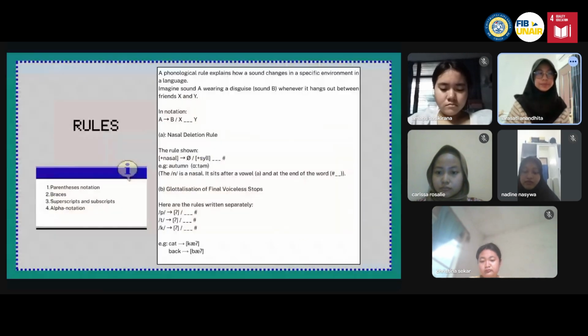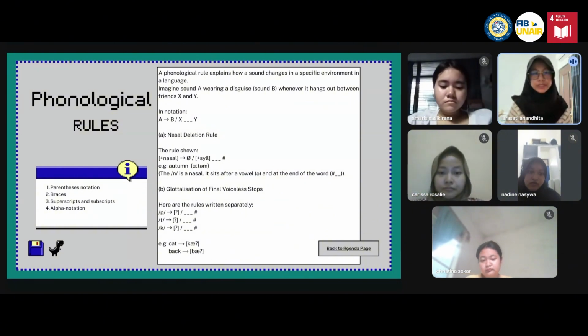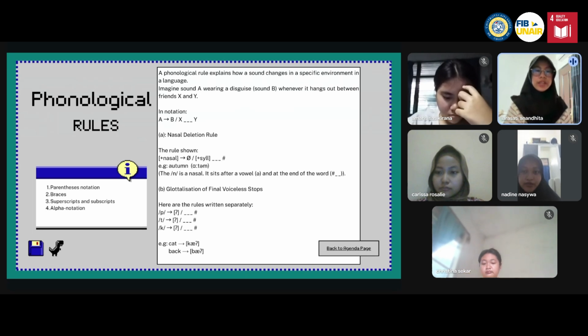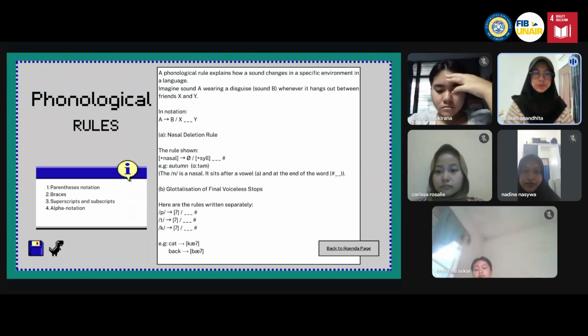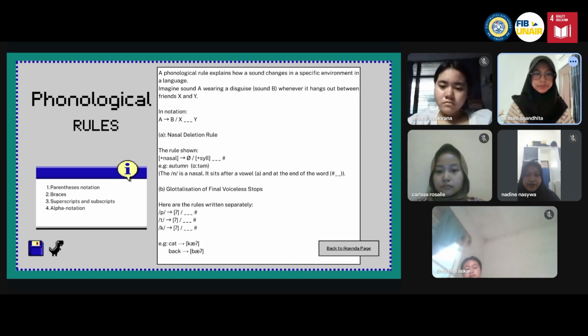Okay, next. I will explain the basic phonological rules. A phonological rule explains how a sound changes in a specific environment in a language. Imagine a sound A wearing a disguise as sound B whenever it hangs out between friends X and Y. In the nasal deletion rule, the rule shown means a nasal sits after a vowel and at the end of the word.